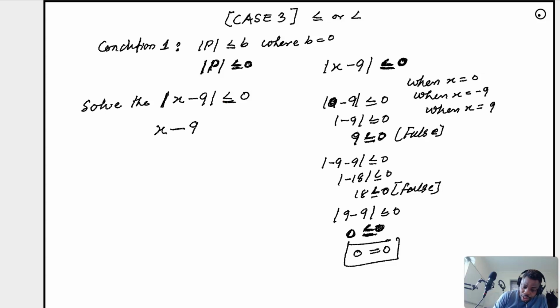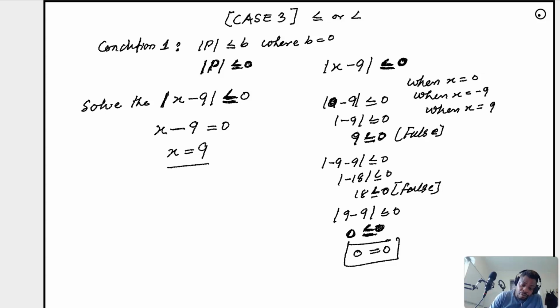There will be a solution for the equal part of it, but there will be no solution for the less part of it. You already see it here. So I will say x minus 9 is equal to 0, because equals to 0, there will be a solution. x will be equal to 9. So the value of x will be 9 for this modulus to be equal to 0. So for the equality part, you will get an answer, but for the less than part, you will not get an answer. So that is this case or this condition.